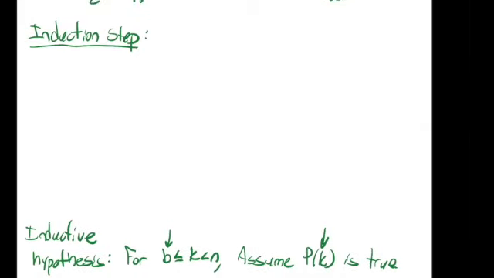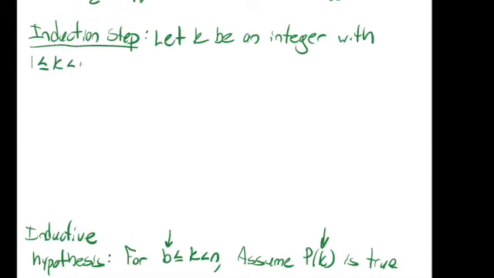So here we're going to say, let's let k, if you want to get descriptive, be an integer. What's significant about the 1 there, remember, was our base case.